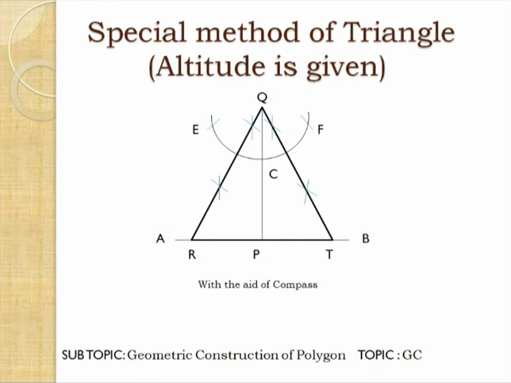Then at point Q you draw one arc of any radius that will intersect altitude PQ at C. Then on this arc at both sides with the same radius you draw another two arcs which will intersect at points E and F. So arc CE is making 60 degrees, and arc CF is also making 60 degrees at point Q. So bisect these two arcs again and we get the 30 degree angle on both sides of the altitude PQ by bisecting the arcs EC and CF.